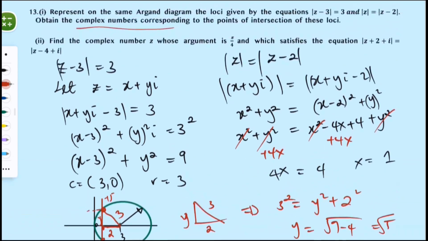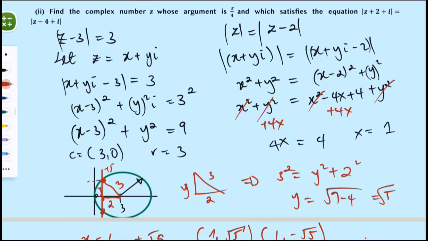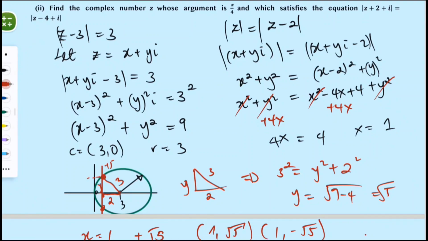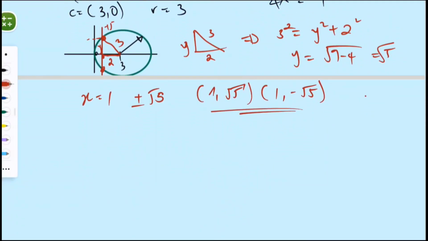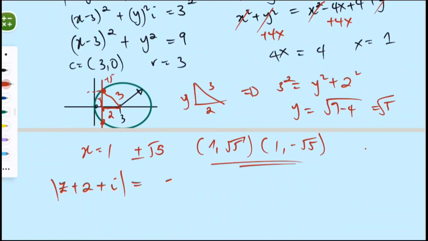There we go. Next question: find the complex number z whose argument is π/4, which satisfies |z + 2 + i| = |z - 4 + i|.